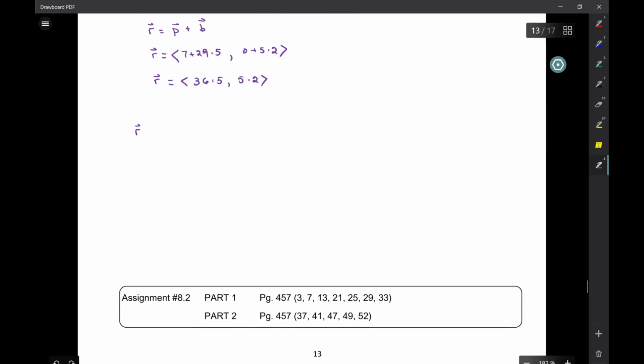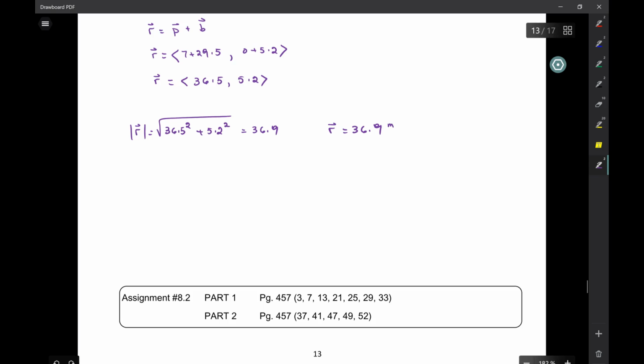All right, so let's do magnitude. We get 36.9. What are the units?